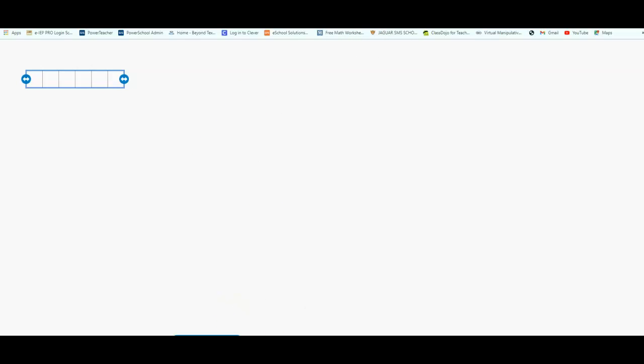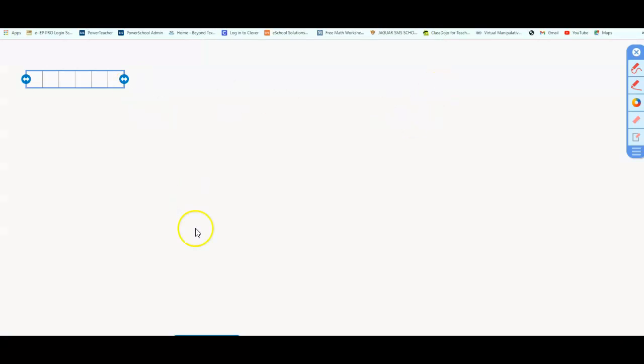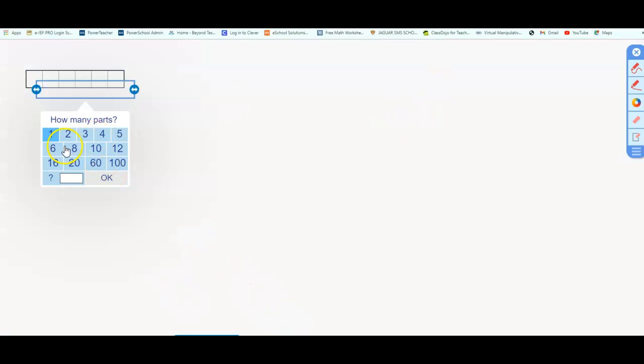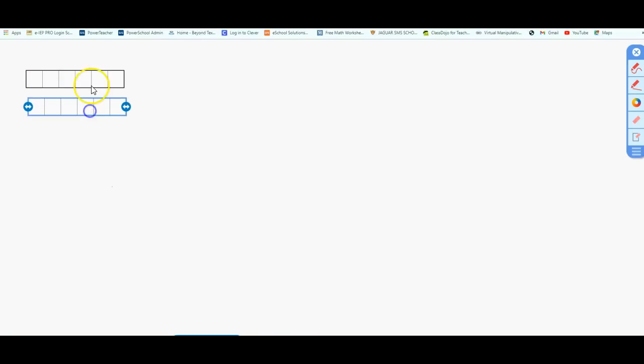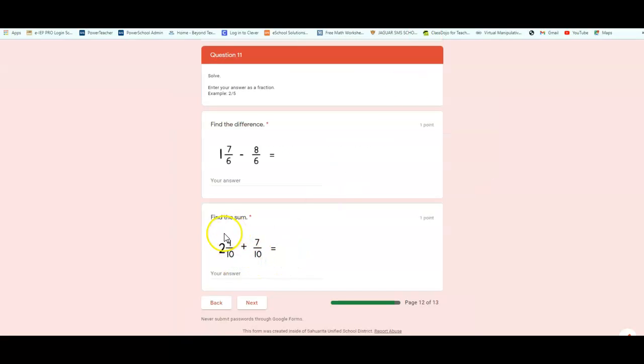If you were going to make 1 7/6, how many would you make? Find the sum. 2 4/10 plus 7/10. Use your answer with the slash mark.